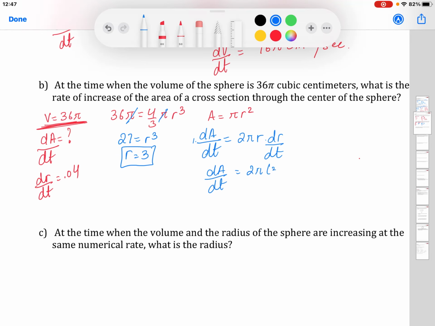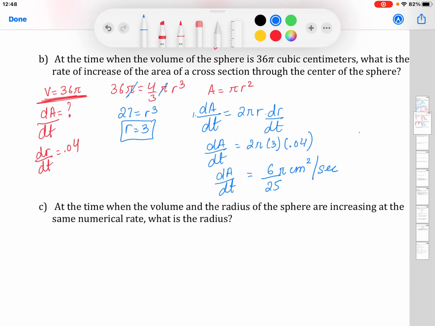I just found my radius to be 3, and my dr dt from above in the question was given to us. So this would be 2 times 3 is 6. 6 times 0.04. I'm going to change it into a fraction, which would be 6 over 25 pi centimeters. Again, it's area, so squared per second.